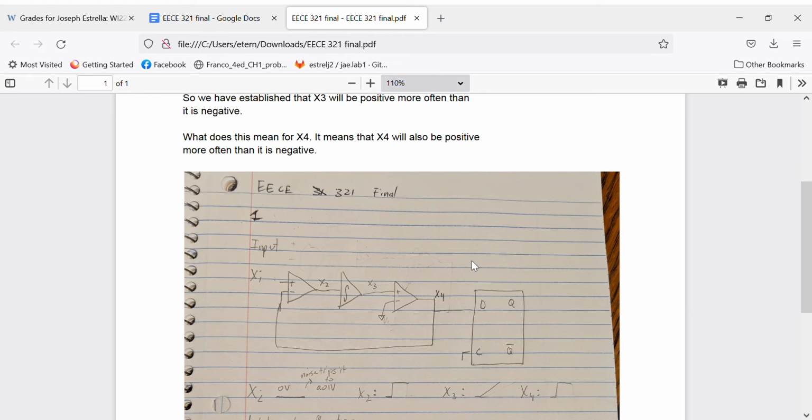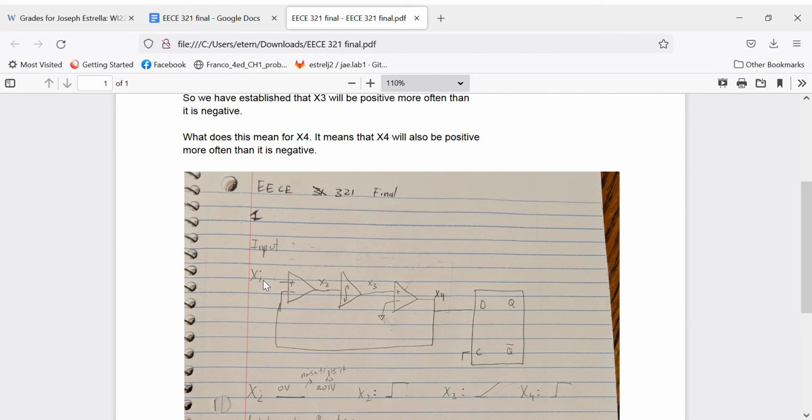The exact value will depend on the integrator, the capacitor, the feedback loop and all these things, but this is more of a qualitative approach. We can also make the argument that as x in becomes more positive, the duty cycle at x4 is going to become even greater.